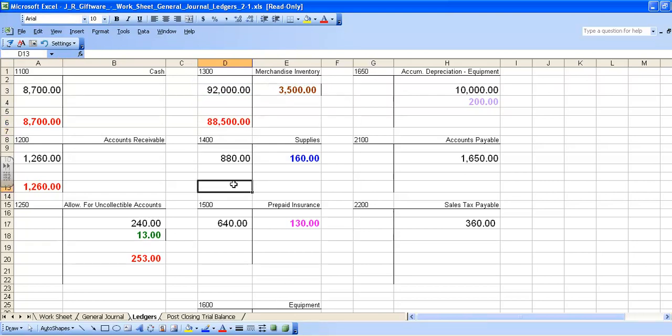And then we're going to use these new balances and we're going to prepare the post-closing trial balance from that. And I'm quickly going to get this done.